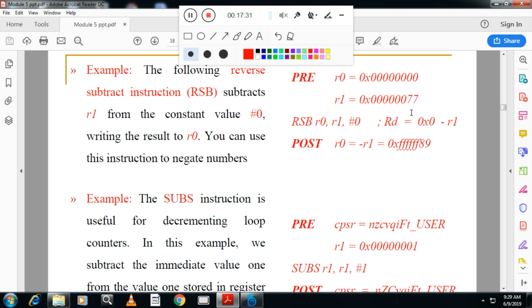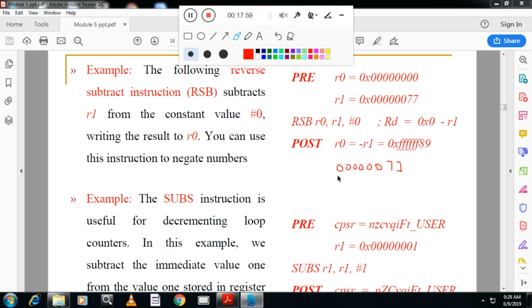by using 2's complement. R1 is this one. Let me use the pen. R1 is equal to 0x00345678, the digits 0, 0, 3, 4, 5, 6, 7, 8. Please remember, each digit will take 4 bits. You don't think 0 is a binary bit.